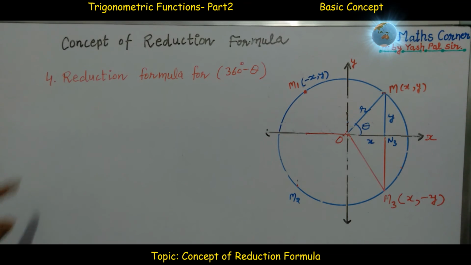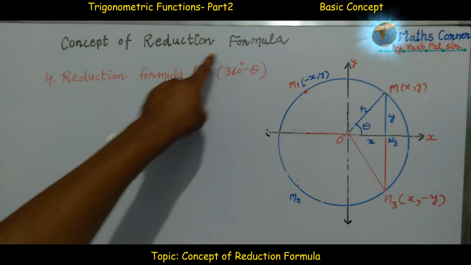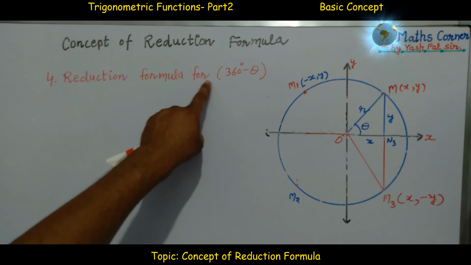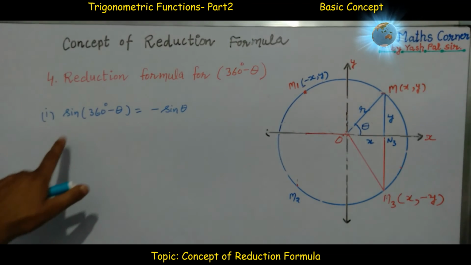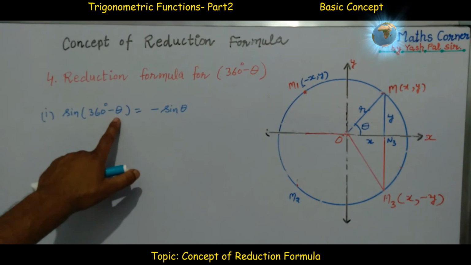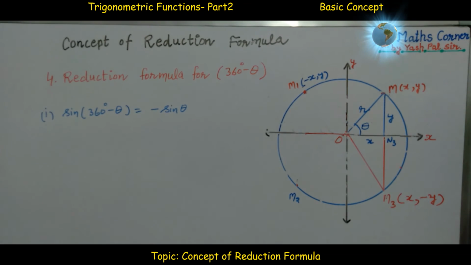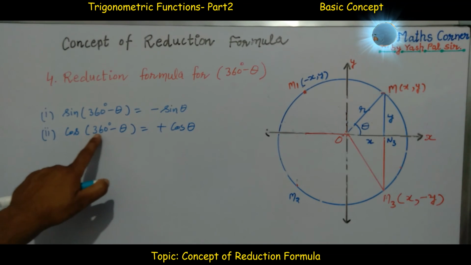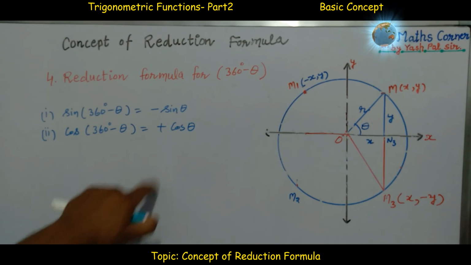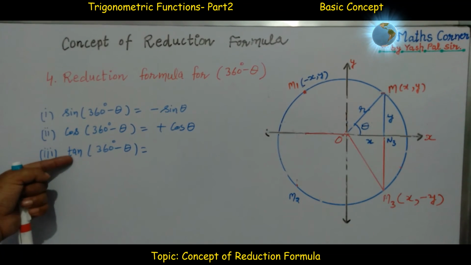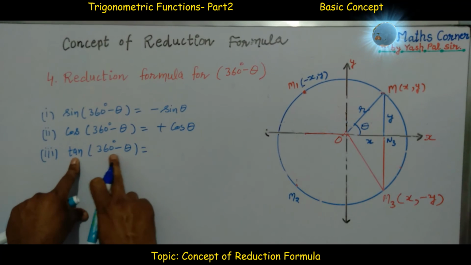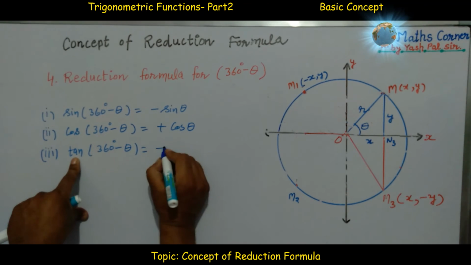So under the concept of reduction formula for 360 degree minus theta, first of all, sine of 360 degree minus theta is minus sine theta. Cos of 360 degree minus theta is plus cos theta. On dividing sine theta by cos theta, we get tangent of 360 degree minus theta equal to minus tangent theta.